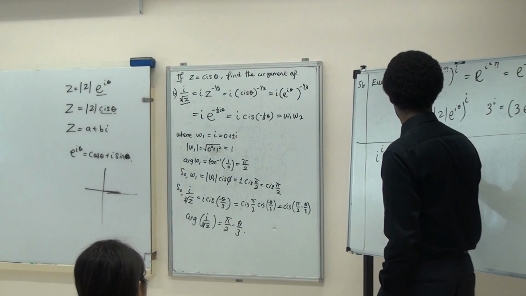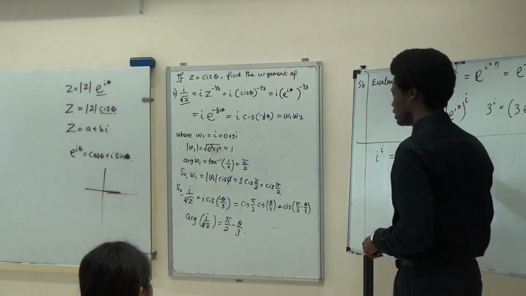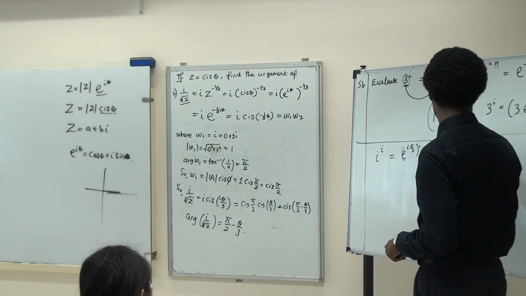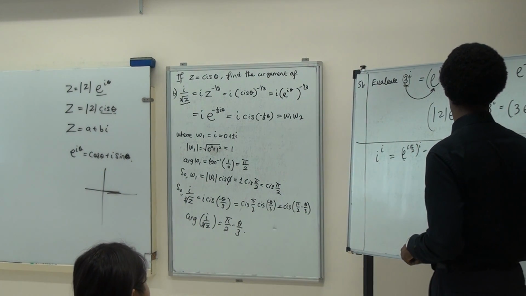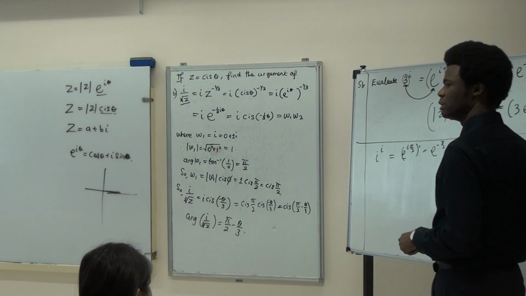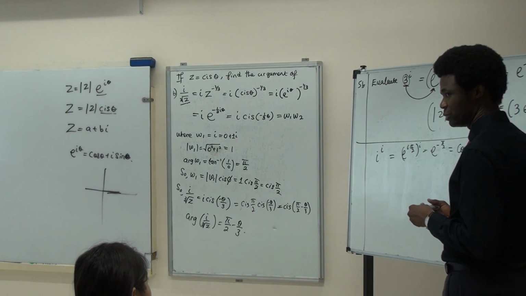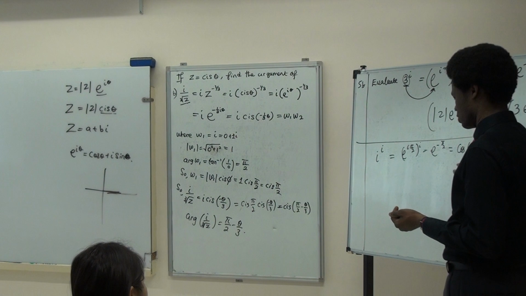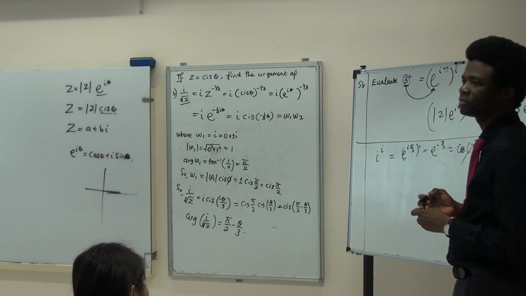So exponential negative 1 pi over 2. That becomes cos negative pi over 2, then i sine negative pi over 2. Now, cos 90 is equal to what? 0. So cos of minus 90 is also 0. Sine 90 is 1, so this is just minus r.